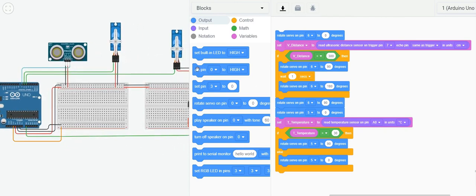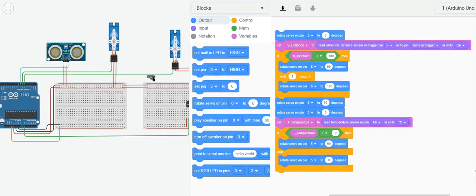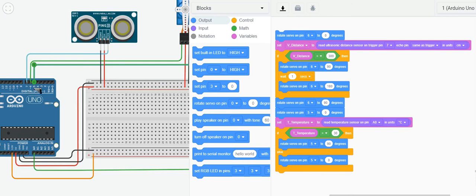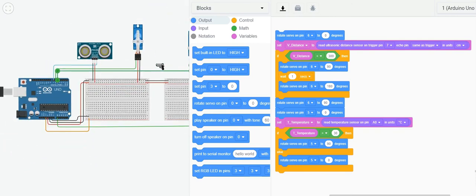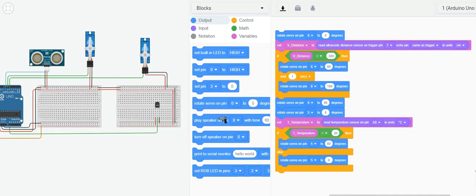The next one is the servo for the window system. The window system is connected to pin 5, and I set it to read the temperature sensor on analog A0, which is where the temperature sensor is connected.